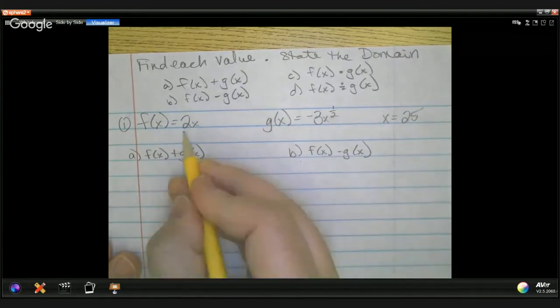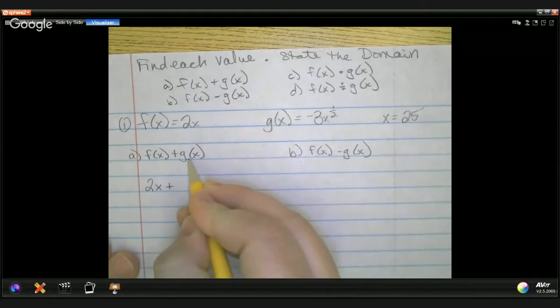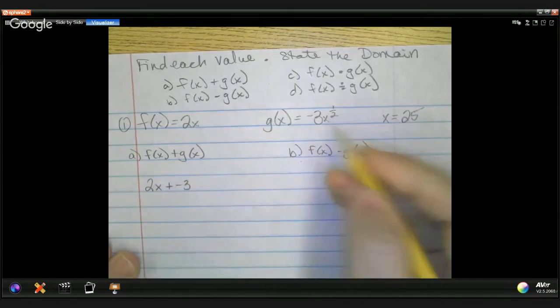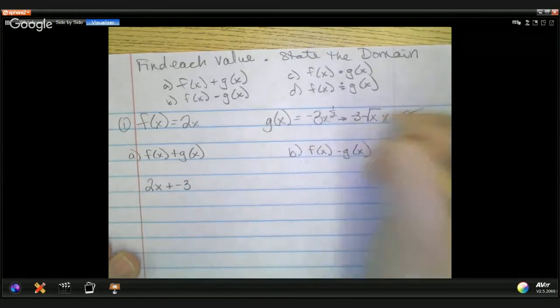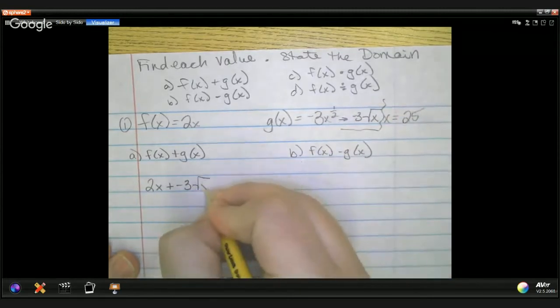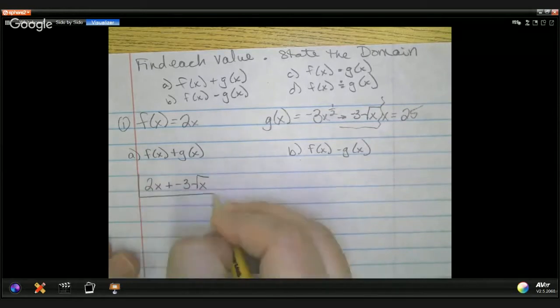So f of x is 2x. And g of x is negative 3x to the 1/2. Really, this is just the square root of x. So we're just going to write it like that instead. These are not like terms, so they're done. They just go here.